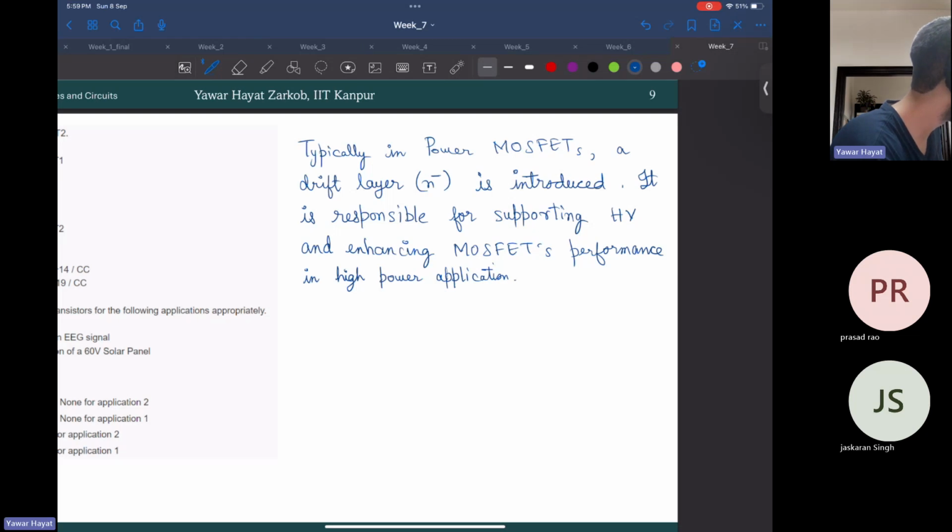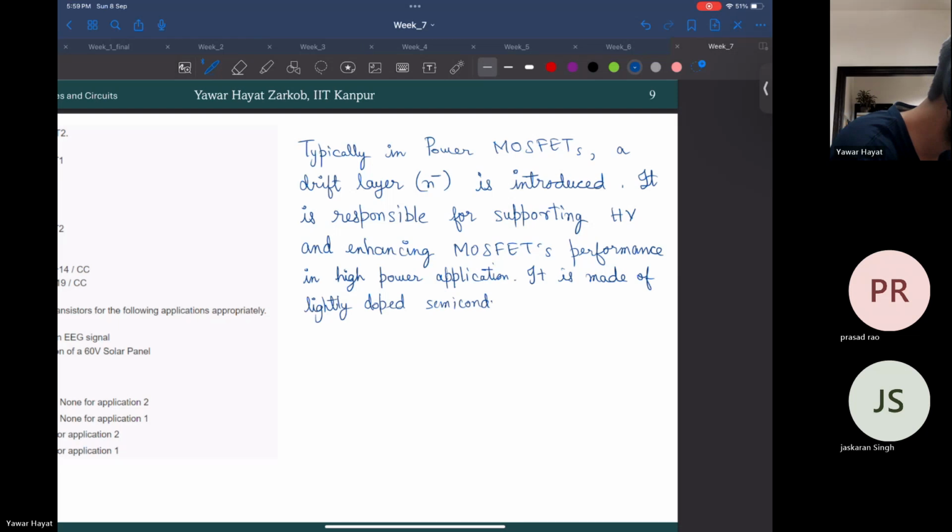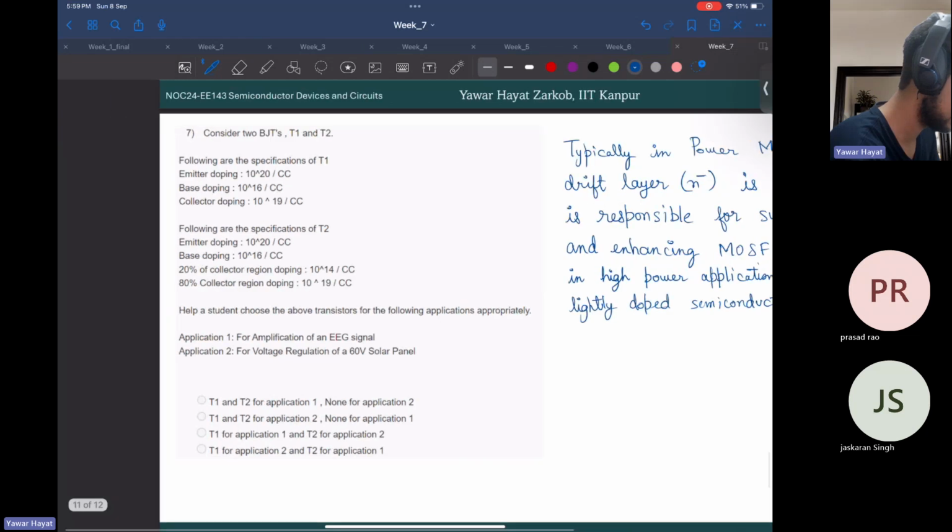It is made of a lightly doped semiconductor material, right? So in the above example, T2 has a drift layer, right?